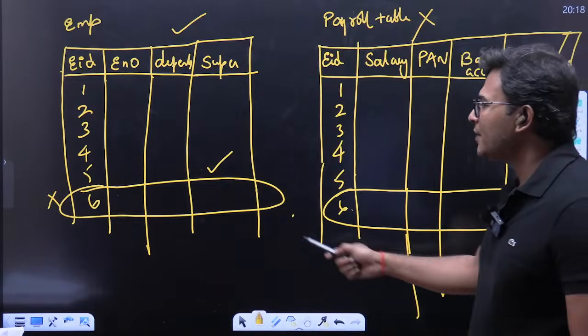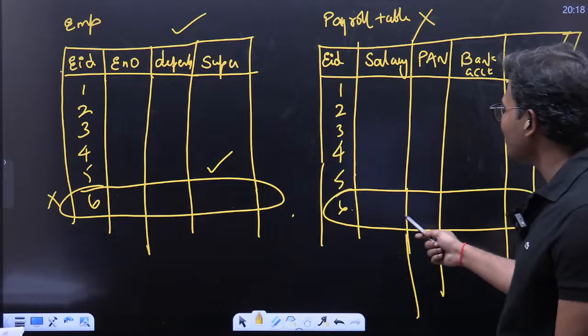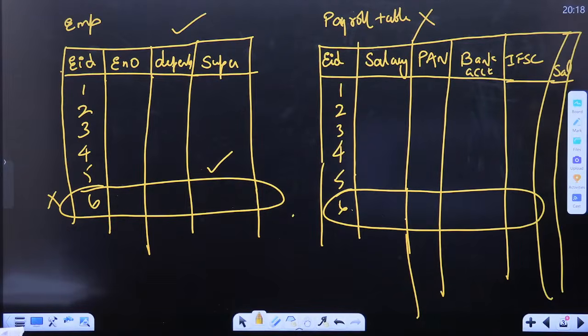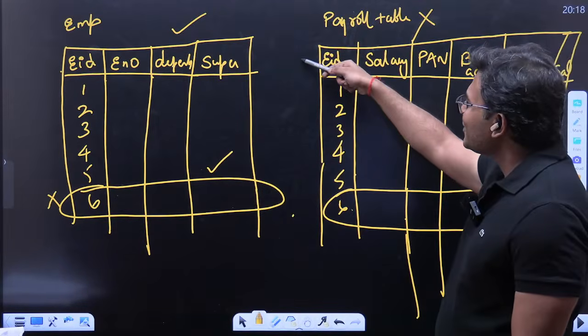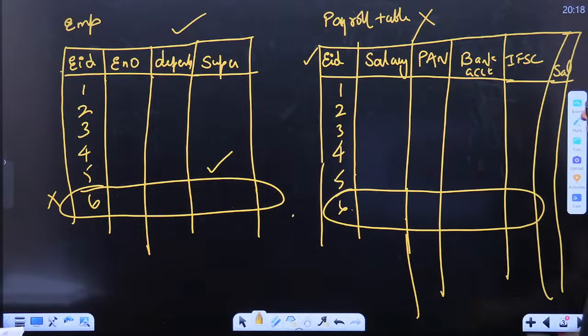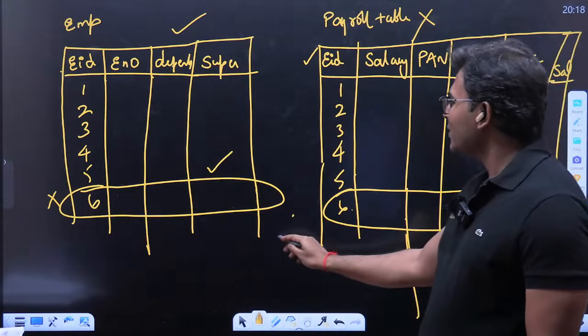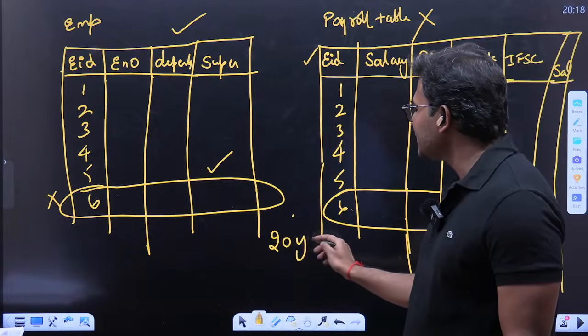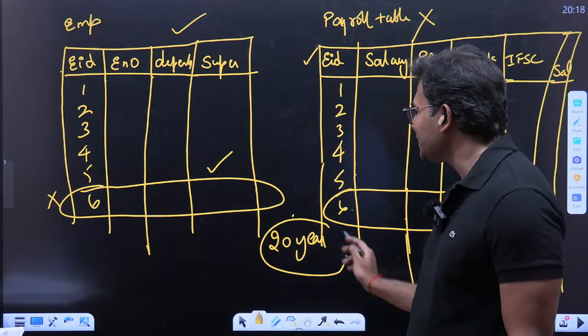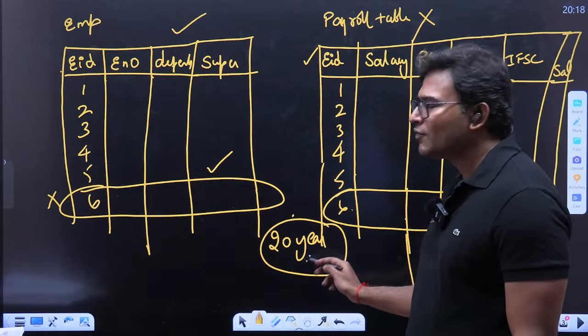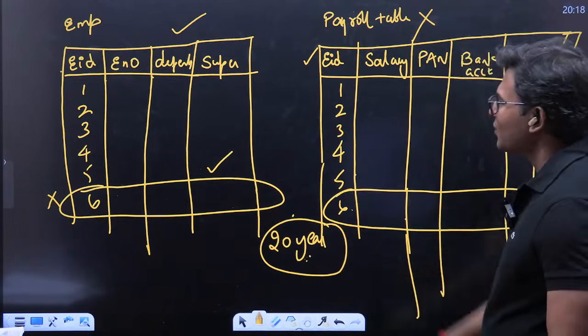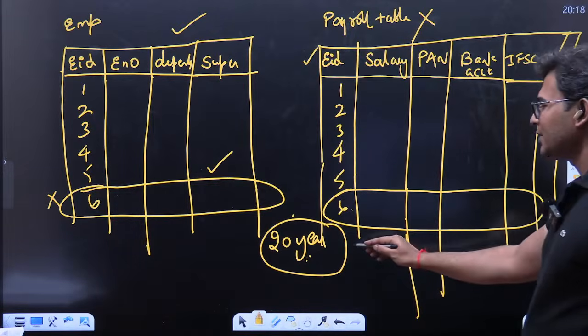So when you delete an employee, he should be deleted from the payroll too. Otherwise, what happens is he will be getting salary every month. In one company, it happened that for 20 years, a man got a salary without working for the company just because of this problem.